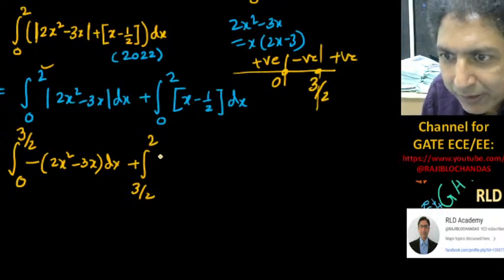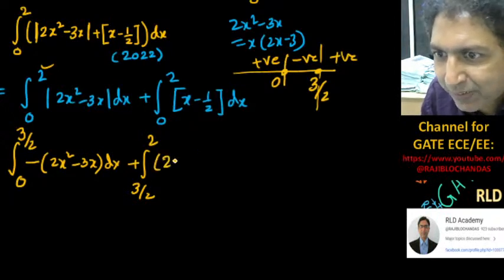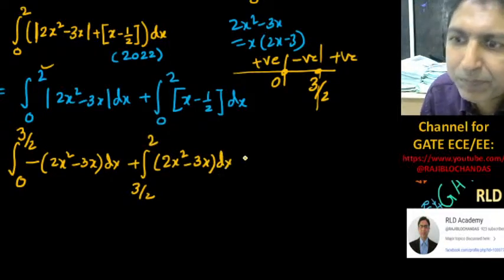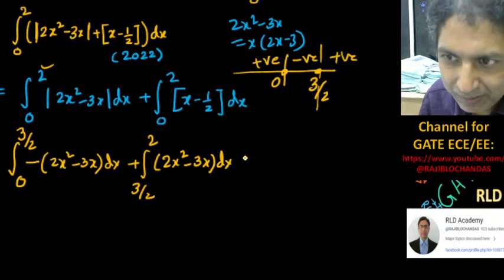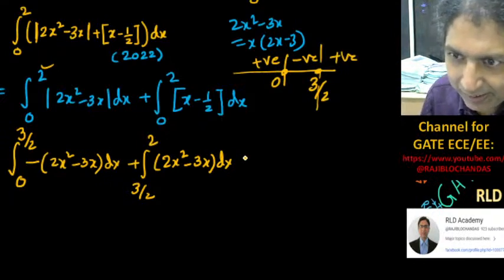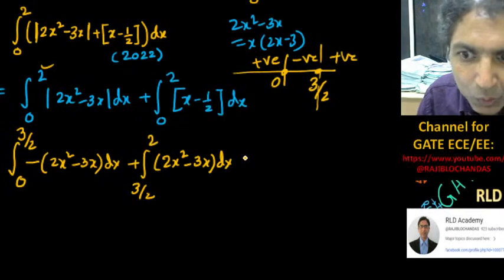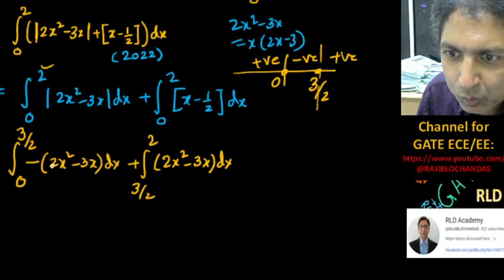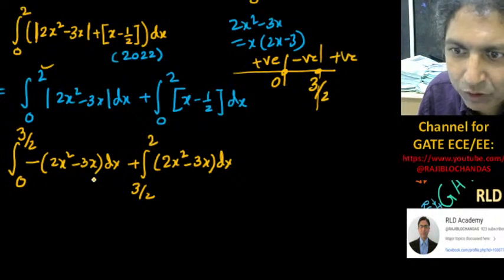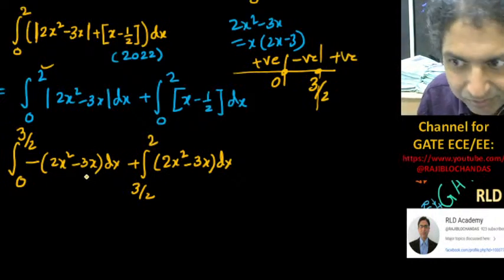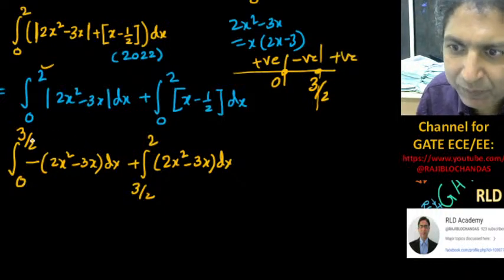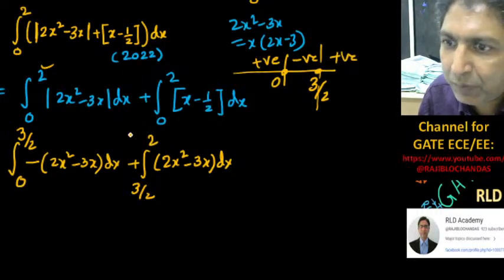That is positive, so I remove the mod operator. Now this integration you can do, that is very simple. The integration of 2x square is 2x cube by 3, and of 3x it is 3x square by 2. You can replace the lower limit and upper limit here also.